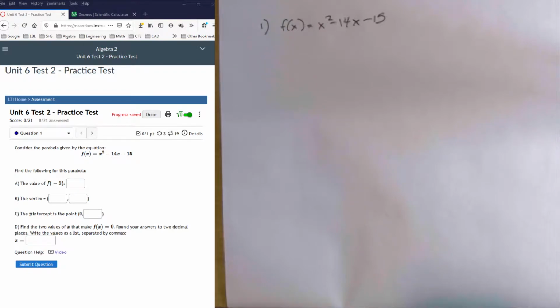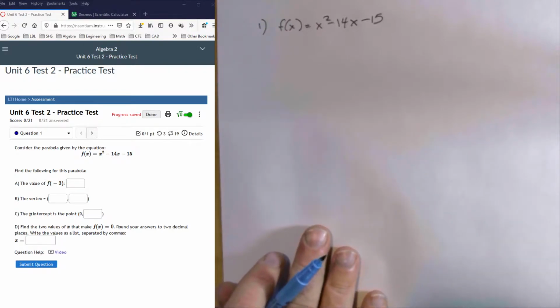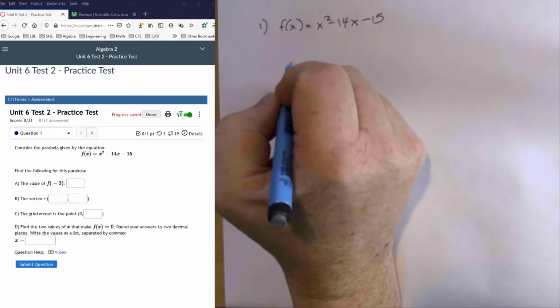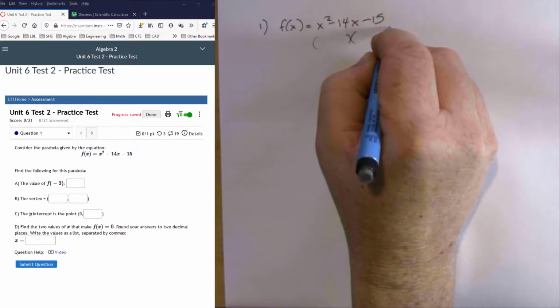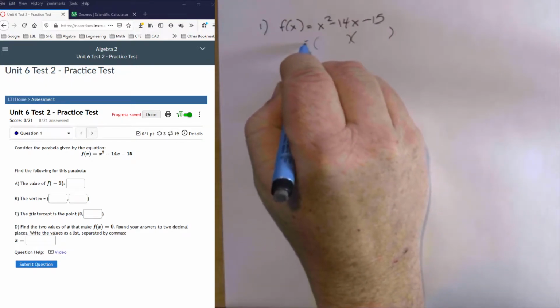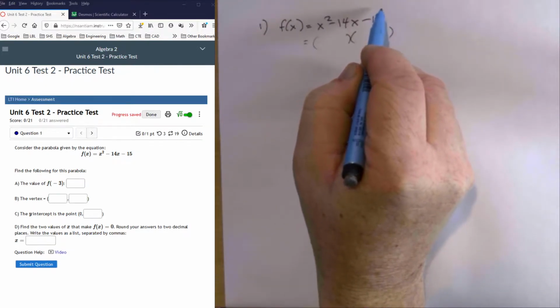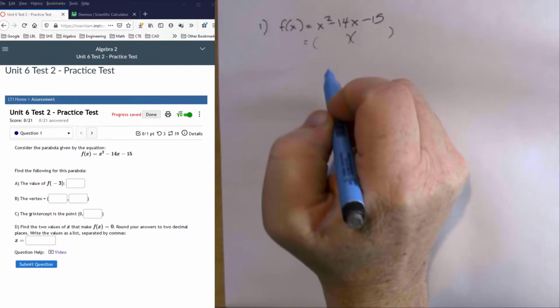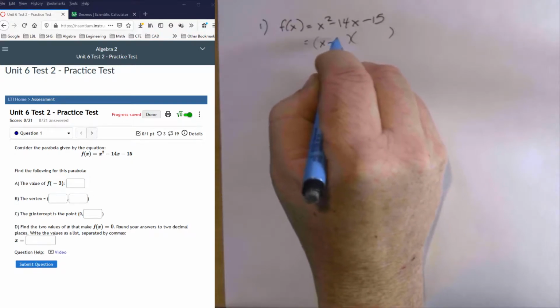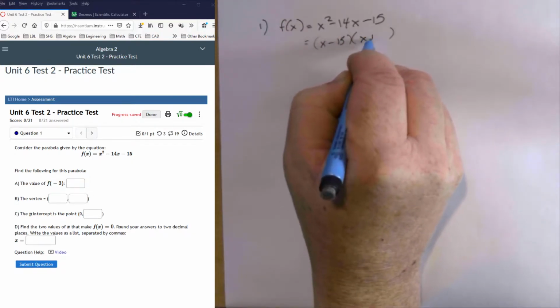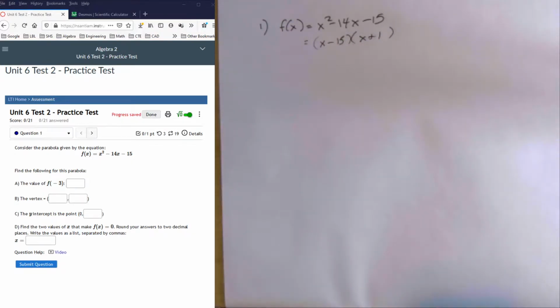I'm going to work this a couple of different ways. So if we don't have a graphing calculator, we can still figure this out. If I were to factor this, put this in factored form, I'd be looking for the factors of 15. They give me negative 14, and so this would be x minus 15 and x plus 1 is how I would factor that.